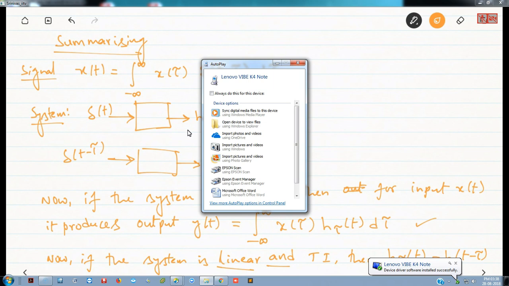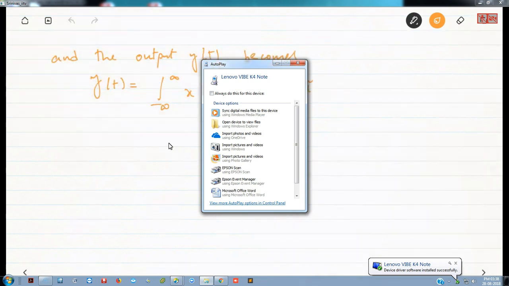Because if it is time invariant, then if I shift the input by tau units, the output will also get shifted by tau units, right? Then we will get the output as this. So this is the response of a linear time invariant system.